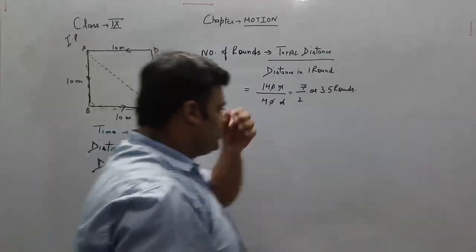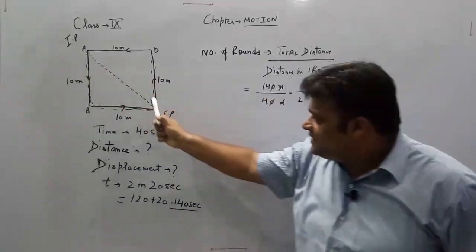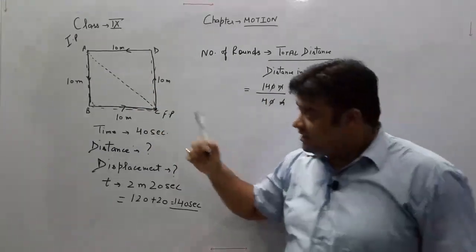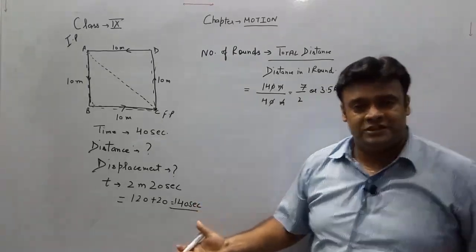Shortest distance between initial and final position is this diagonal AC in the square. If we find the value for this diagonal, we will get the value for displacement.